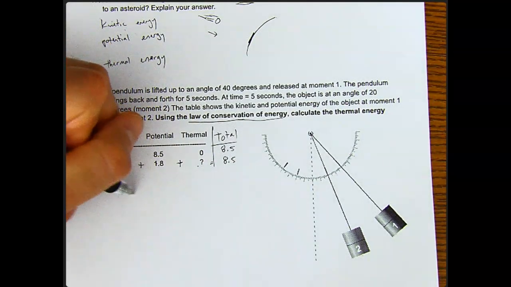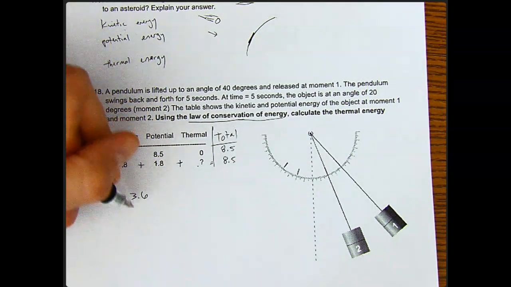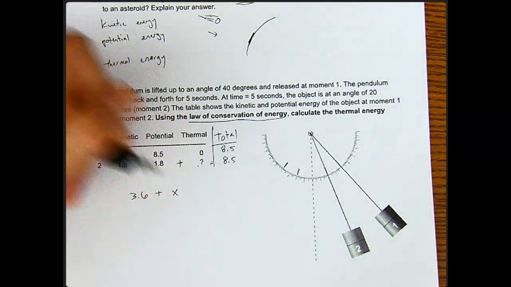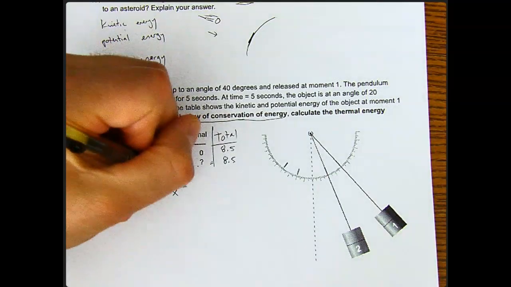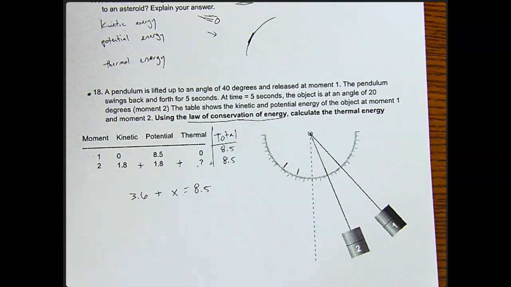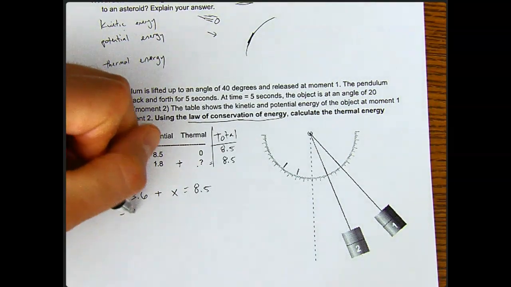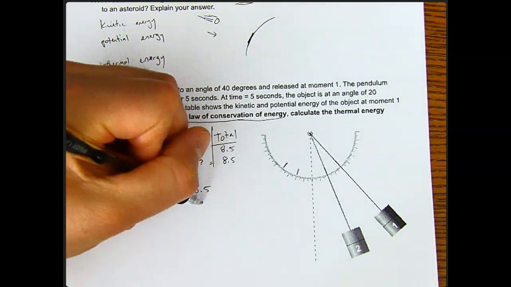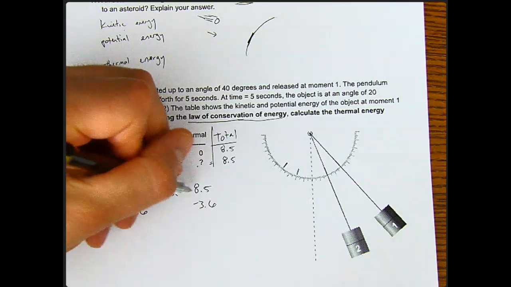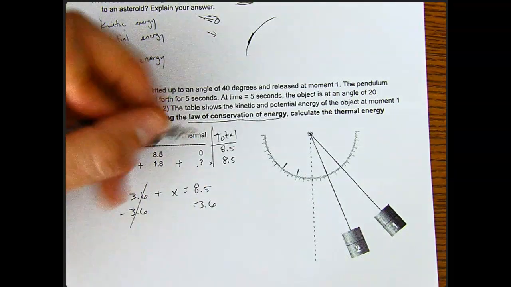I know these two added together is 3.6, plus, let's just say x, just to put some variable in there, equals 8.5. Maybe you can already see the correct answer, but if we subtract 3.6 from both sides, we end up with x equals 8.5 minus 3.6.